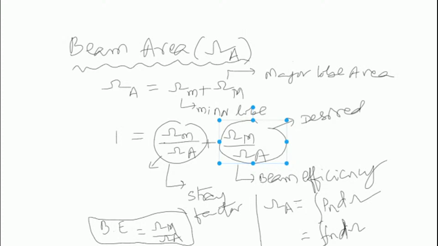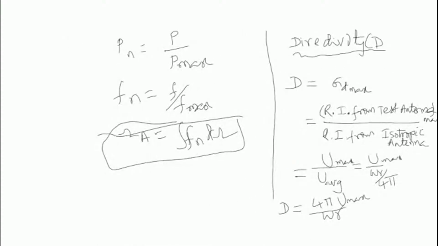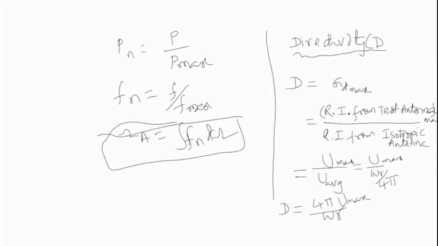Next, the normalized function. Beam area can be written in terms of the normalized function. Normalized power is P by P max, a unitless quantity, and Fn is F by F max, also unitless. Therefore, omega A is equal to the integral of Fn d omega. Beam area is the integral of the normalized function over a solid angle.